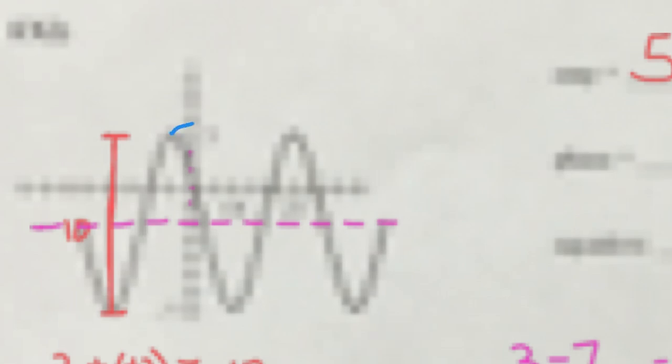So I'm going to go from a max to a max. That is going to be one period, one cycle, from a max to a max. So let's look at this far. Okay, so the question is, what represents each of these tick marks? How far is each tick mark?